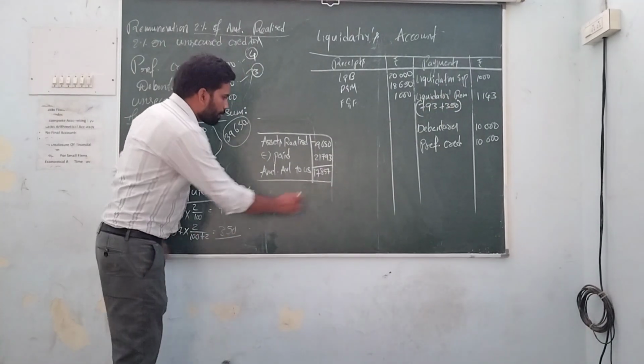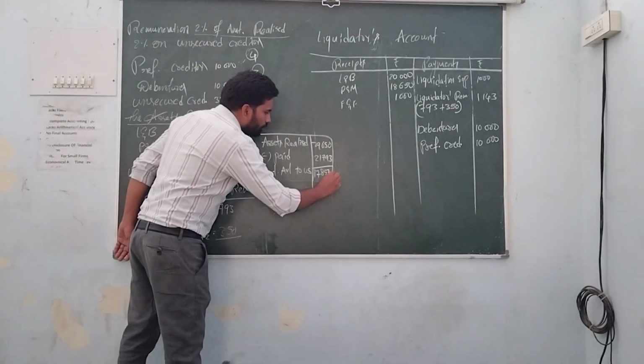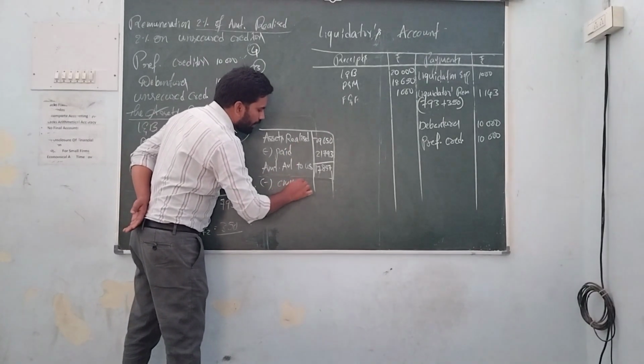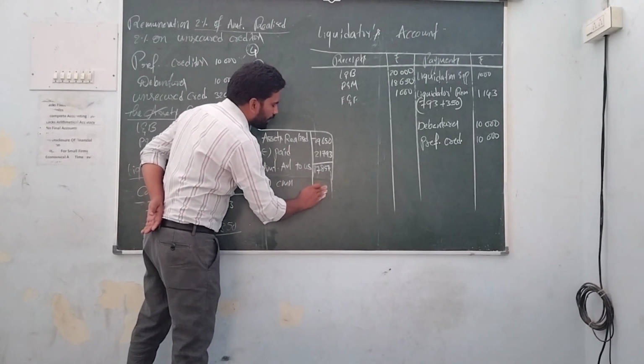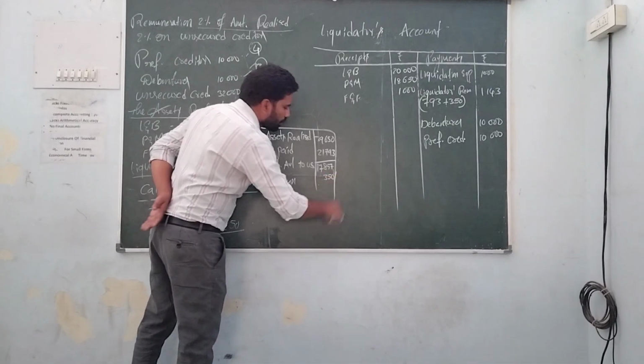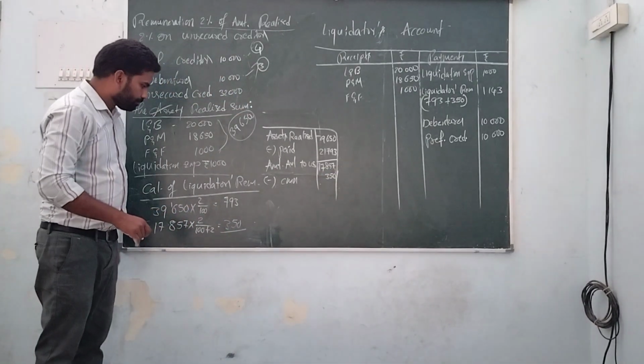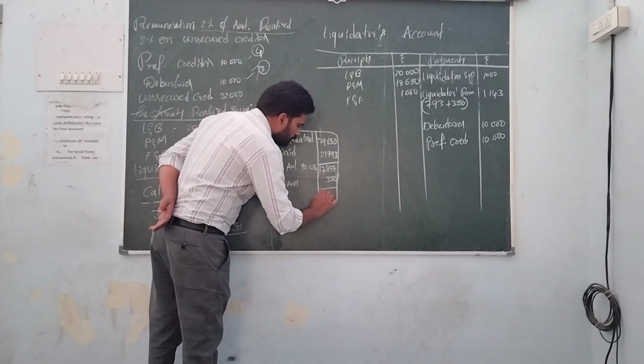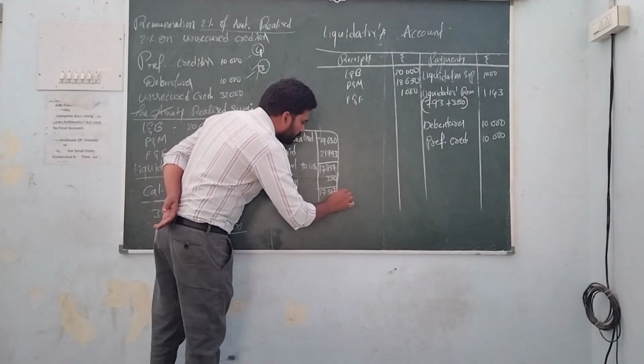Okay. So we have to deduct the commission, the liquidator remuneration. How much is the liquidator remuneration? 350. Deduct it, please. That gives 17,507.